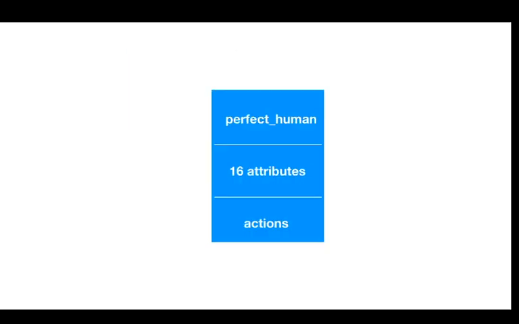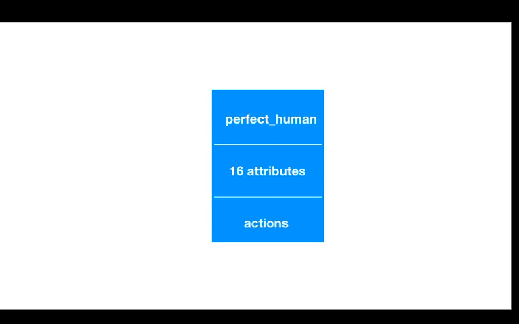So, what we will do is try to understand the basic class of perfect human as described in Ramayana, because essentially Ramayana came up as an answer to this very basic question by Valmiki.